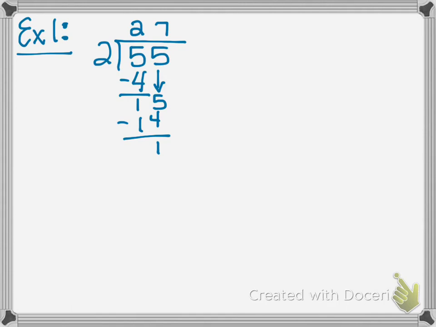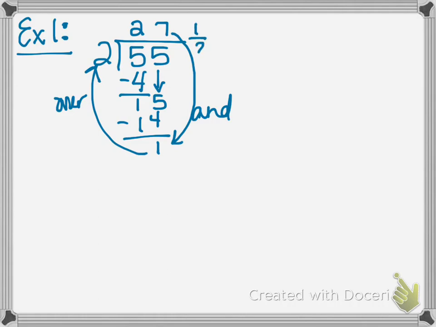Now normally you would say remainder 1. Okay, we're not going to do that. We're going to say 27 and 1 over 2, which is 1/2.